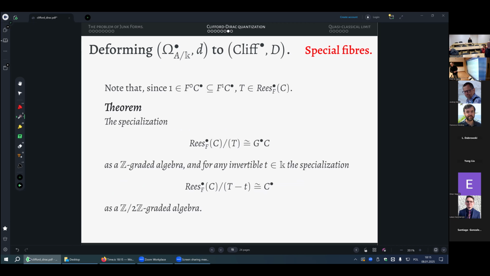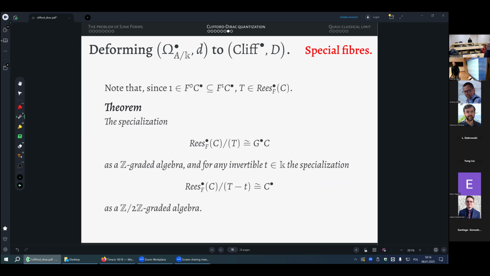First of all, since the zero filtration is contained in the first filtration, and the zero filtration contains 1, then after passing to this direct sum, there is a shift by t. After this shift by t, 1 becomes t, sitting in the first filtration, after multiplying by powers of t.